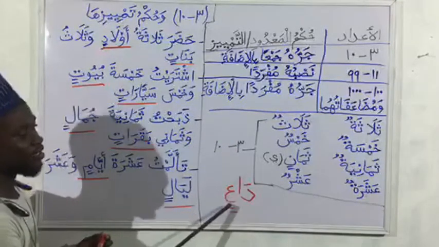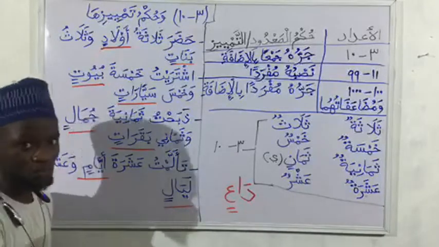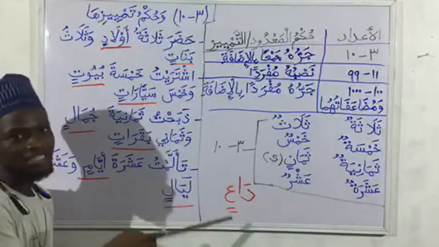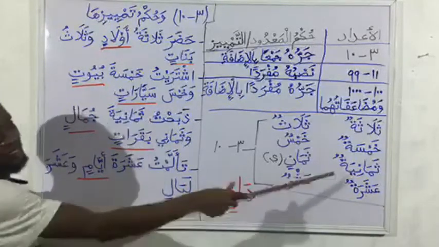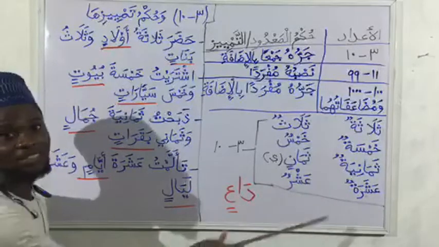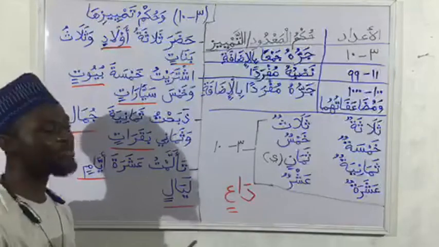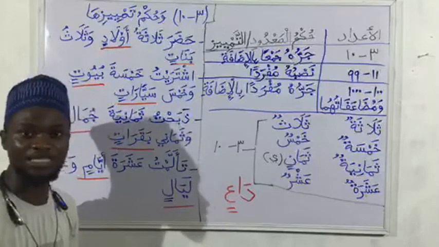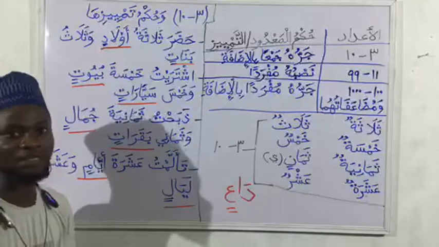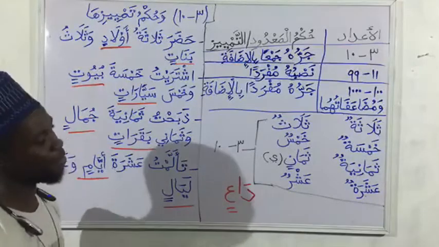So that ya is hidden here. If you remember from our manqus, they have a hidden ya, but there are some situations that will force out the ya. In this kind of situation, when we want to feminize it, we have to bring out the ya. That's one. When we want to put them in idafa, that is when they are meant to be the mudaf, the ya will also be forced out. We are going to see it in our examples.